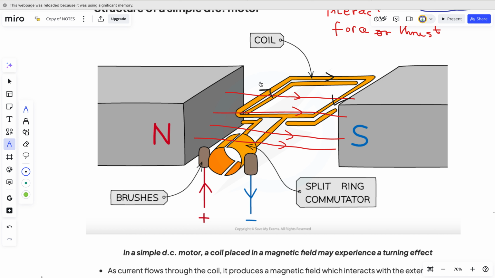See, the force will go down, because we have to twist our finger this time around. You have to twist your finger in an upward manner. So the force will go down.